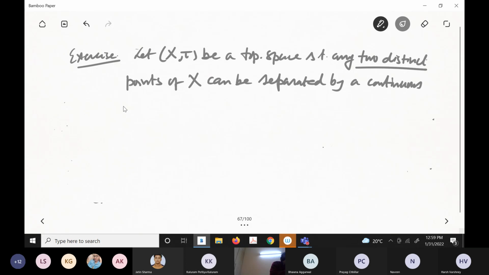It is not the same function; depending on the pair of points, any two distinct points can be separated by a continuous function. The proof was actually included in my discussion. Then (X, tau) is Hausdorff, but this condition is stronger than Hausdorff.